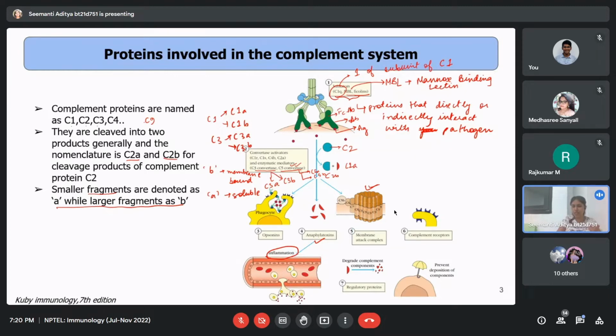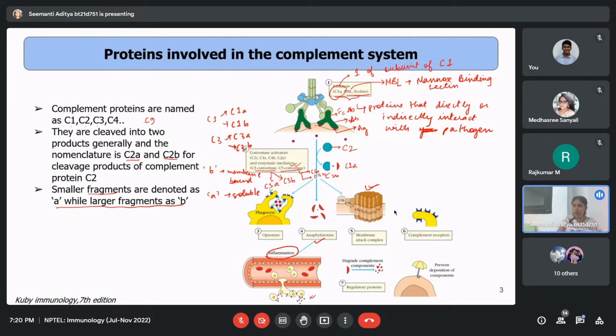This process, extravasation, is the process by which these immune cells squeeze out from the epithelial boundary of your blood vessels to reach the site of the wound. So that function is mediated by the soluble fraction of the cleaved complement protein.